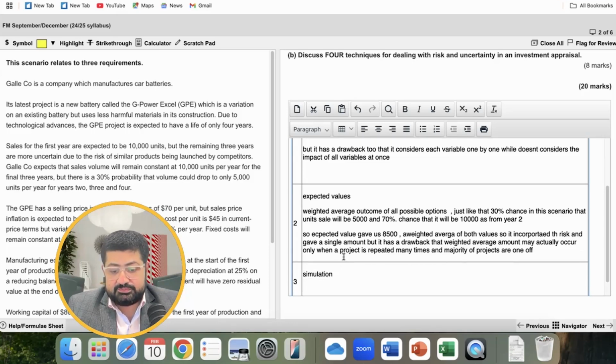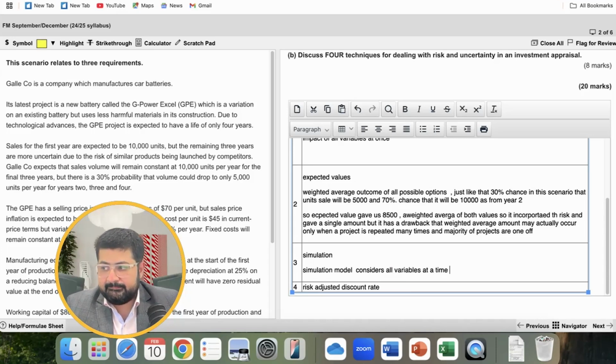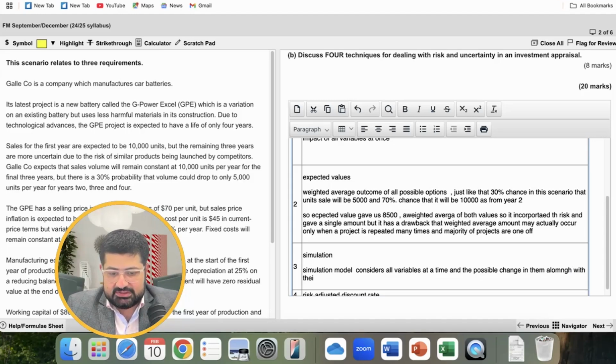Now simulation. So simulation model considers all variables at a time and the possible change in them along with their effect on the NPV.